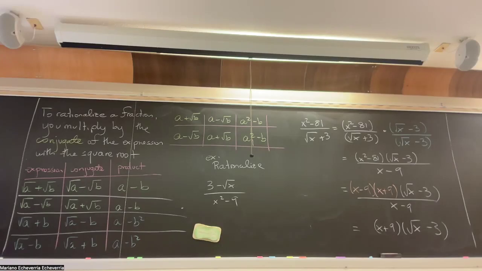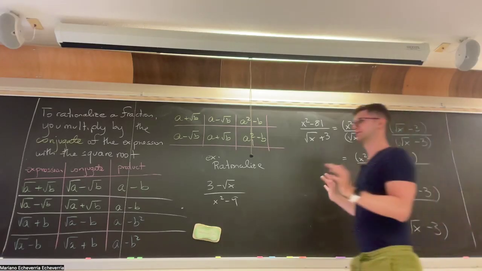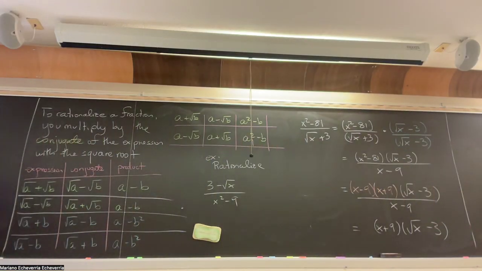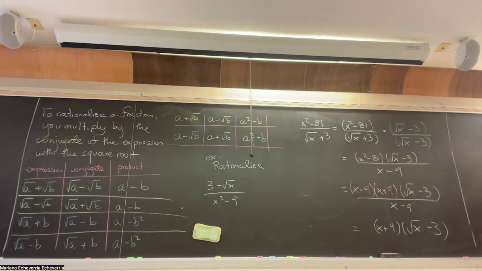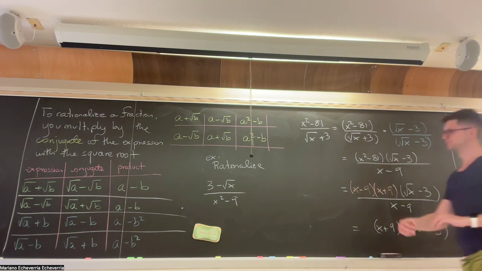It will dispel certain things, to show you that you can have the rationalization with something in the numerator, and that it's not always the root of x that has to be the first term. You can have something with the square root as the second term, as seen here. Okay.